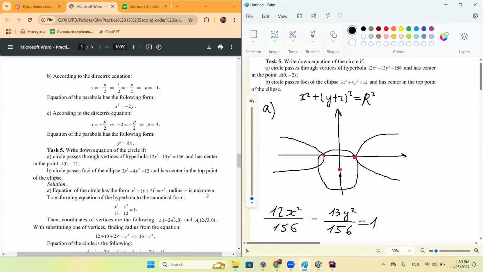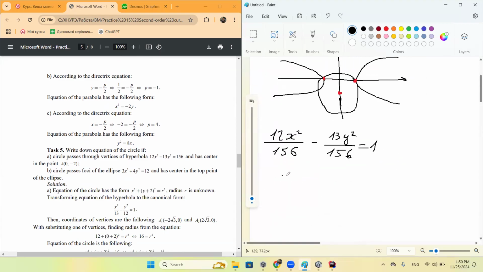So basically 156 equals 12 times 13. So x in power of 2 by 13 minus y in power of 2 by 12 equals 1.